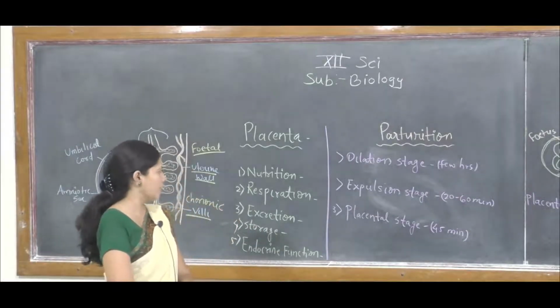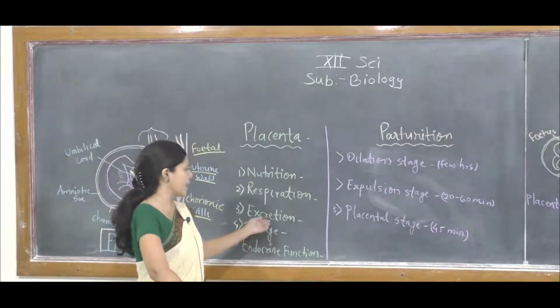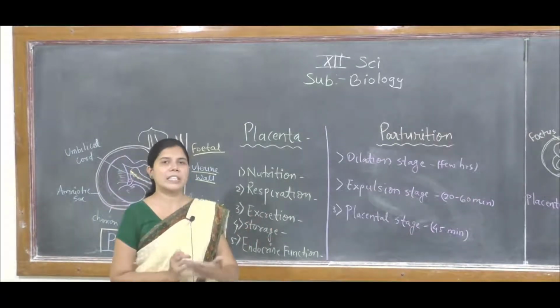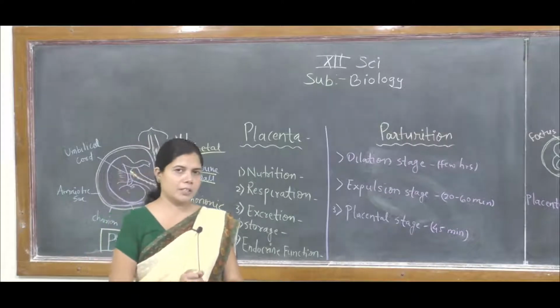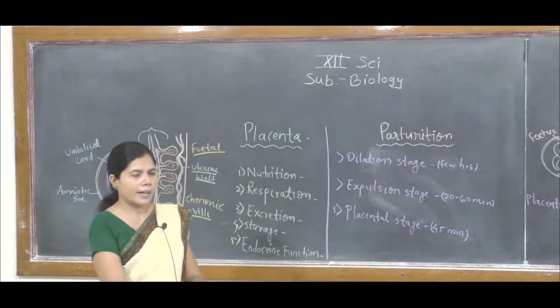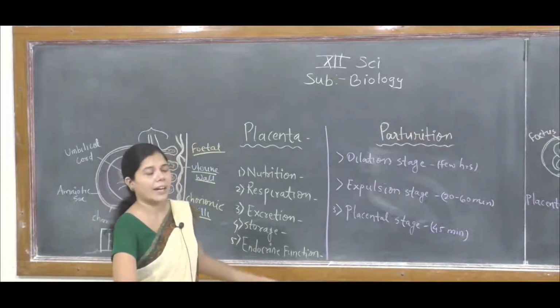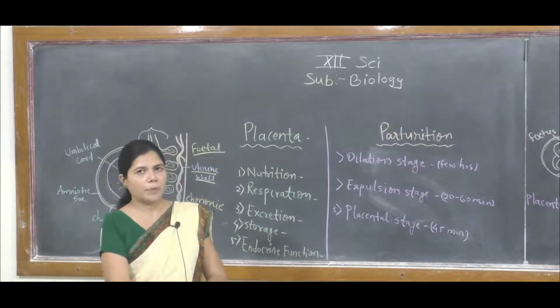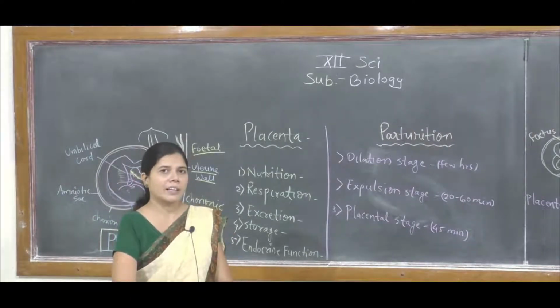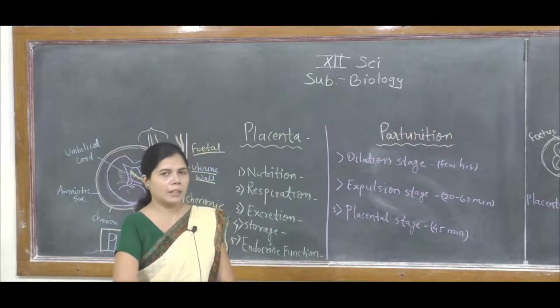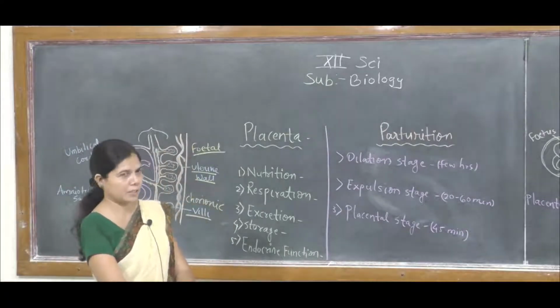The third one is excretion. Excretion means the waste products of the fetus are carried out through the placenta, mixed with the maternal blood, and then thrown out from the mother by the process of excretion.